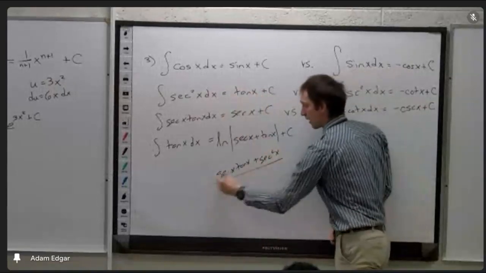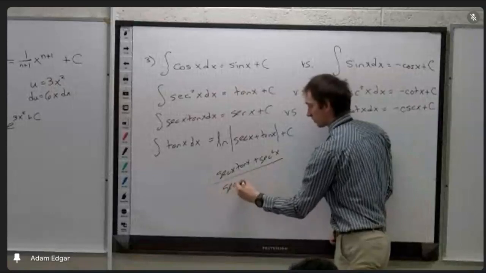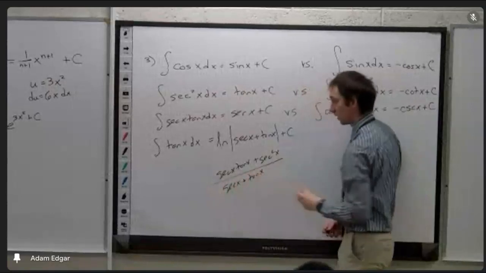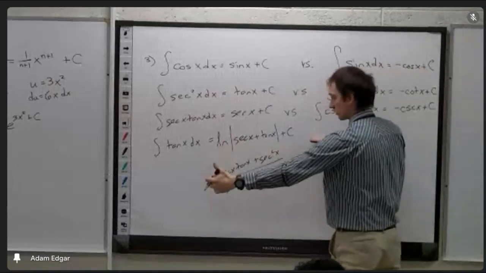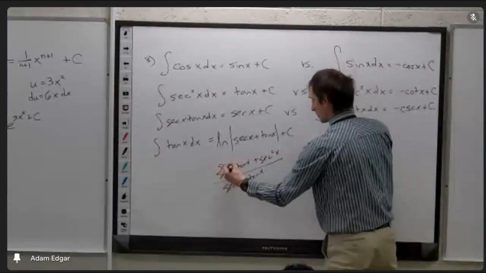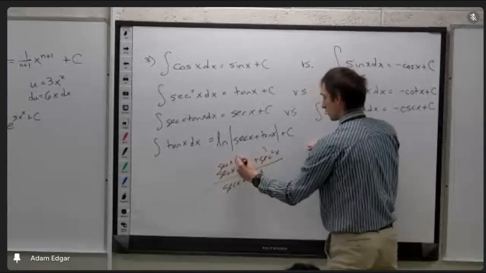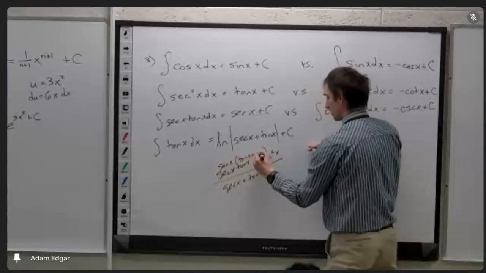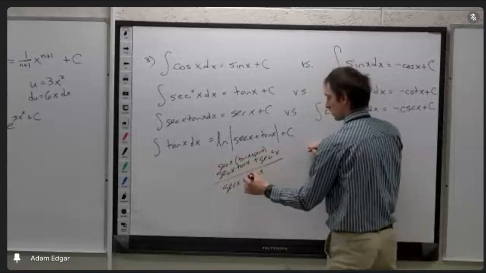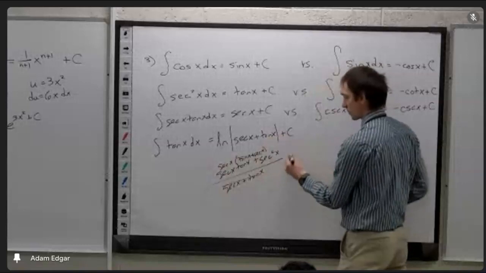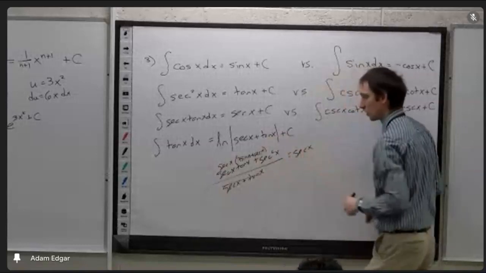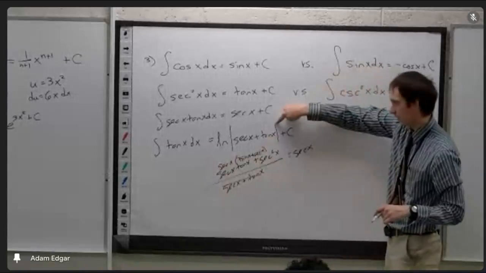And then that goes over secant x plus tangent x. Uh-oh, I think I may have lied to you. What can you factor out here? A secant x, and what's left over? Tangent x plus secant x, so what cancels out? Tangent x plus secant x on the top and bottom, and you're left with secant x. So what is this actually the derivative of? Secant x.